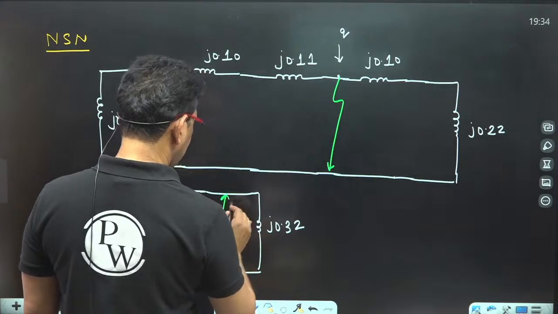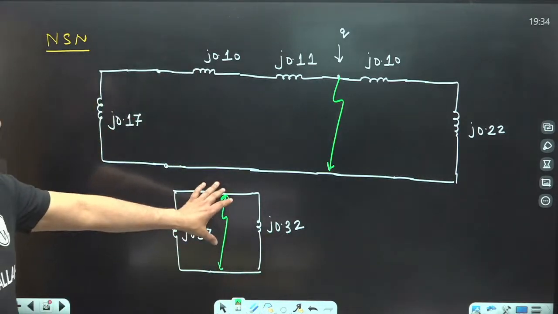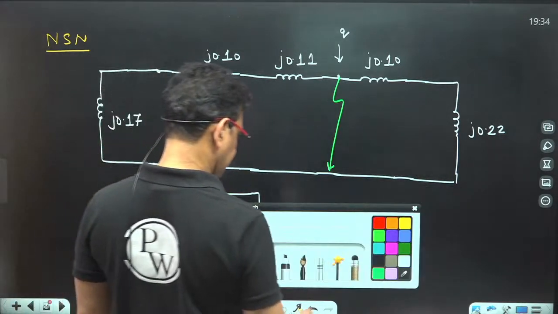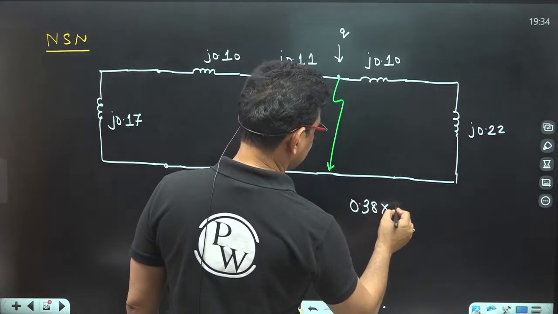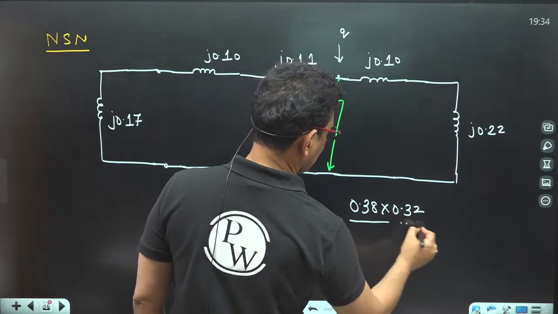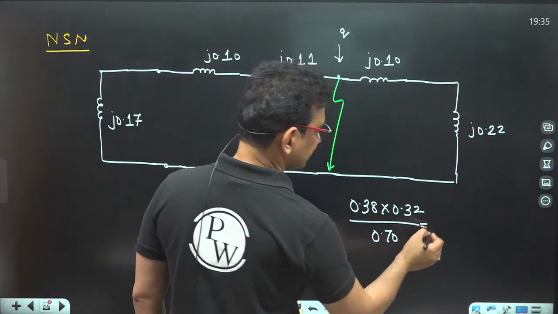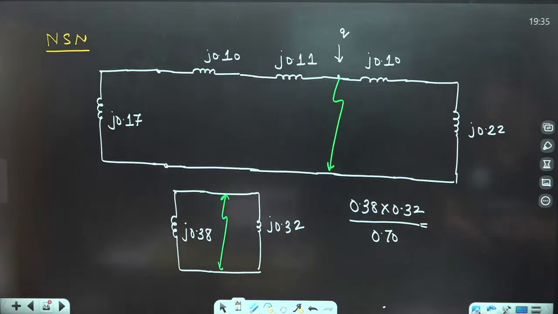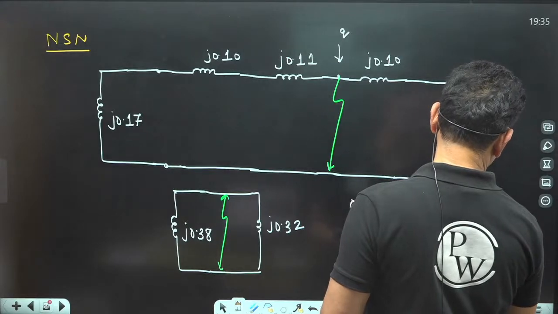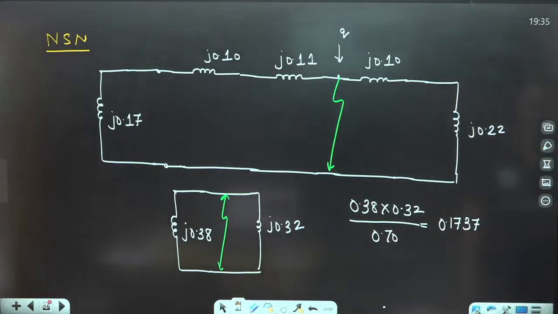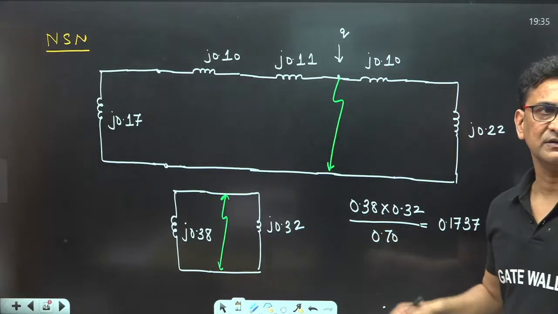Now, find out the equivalent reactance here: 0.38 into 0.32 divided by 0.70, which is 0.1737. This is the overall negative sequence reactance at the fault point.